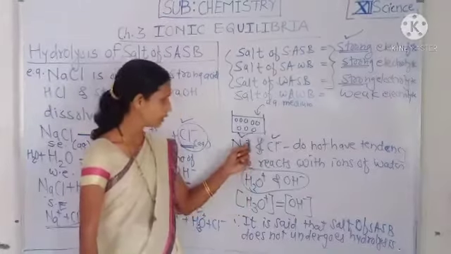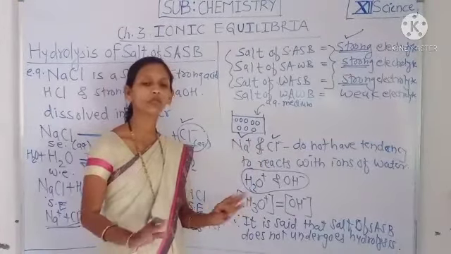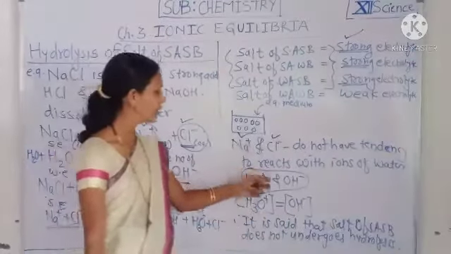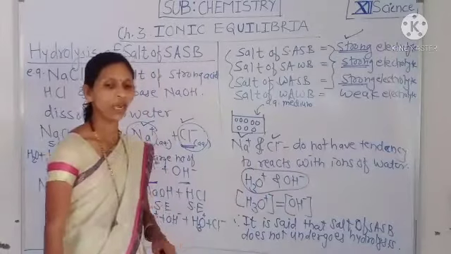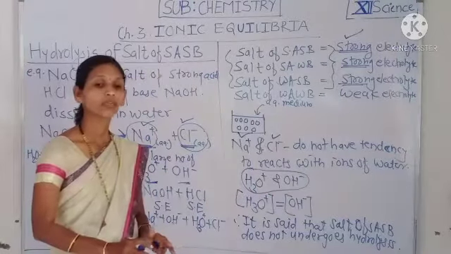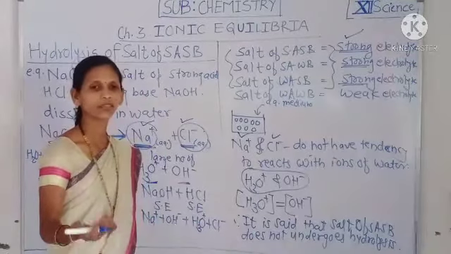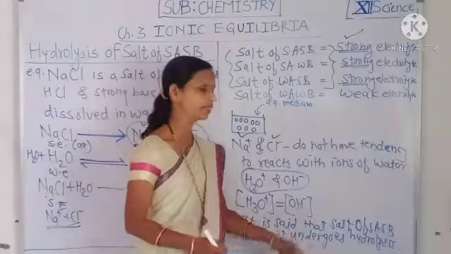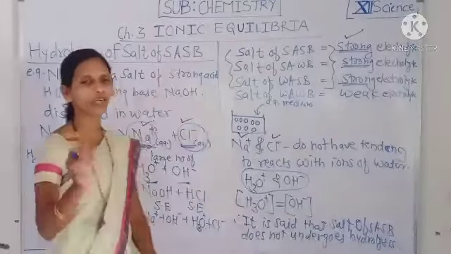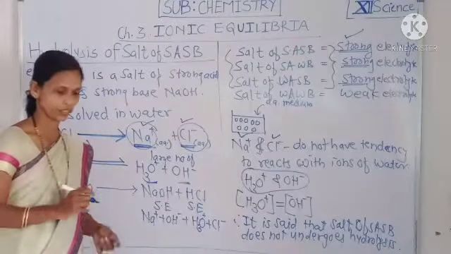Therefore here, as Na+ and Cl- both ions do not have a tendency to react with hydronium ion and OH- ion, the solution becomes neither acidic nor basic. Therefore it is said that salt of strong acid, strong base does not undergo hydrolysis.